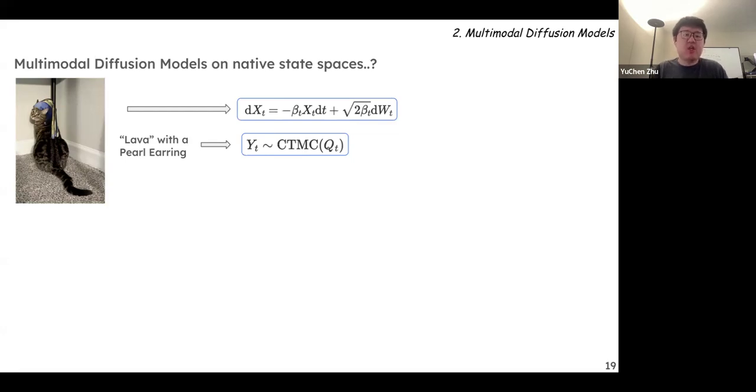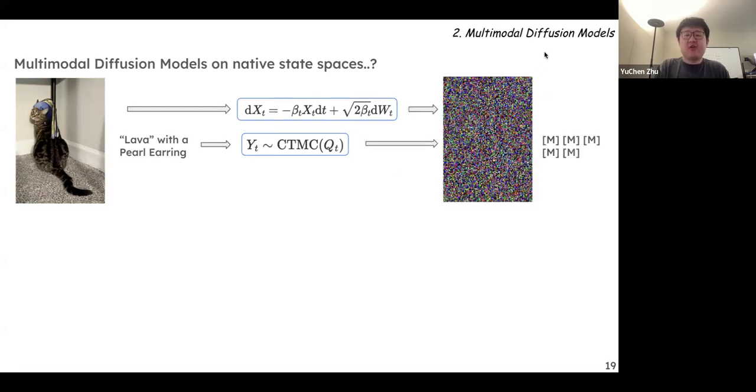For this text description, we know it's discrete, so we want to use a jump process, a continuous time Markov chain, a discrete diffusion, to deal with it. But ideally, if we simulate this process for a long time, we should be able to get an image of pure Gaussian noise.